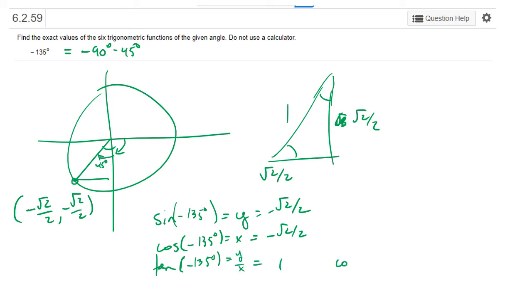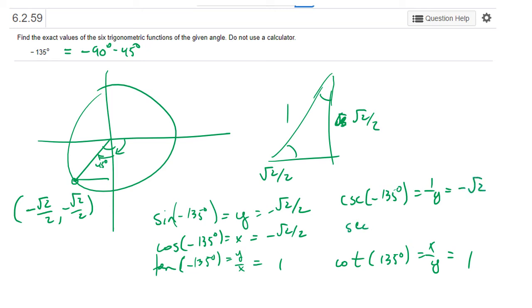It's worth noting that the cotangent is going to be x over y, but since those are the same, this is also 1. The cosecant of -135 degrees is 1 over the y coordinate, which simplifies down to -√2, and the secant of -135 degrees is just 1 over the x coordinate, which also simplifies to -√2.